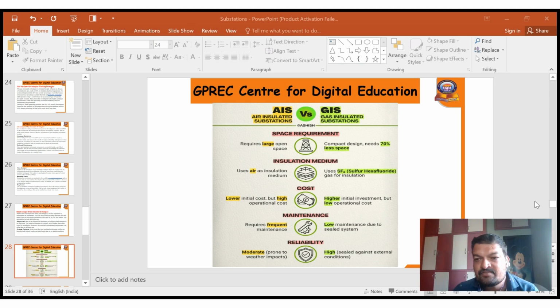Whereas gas insulated substations are not affected by any external conditions. Because of this, the reliability of gas insulated substation is very high as compared to the air insulated substations. So these are the comparisons of air insulated substations and gas insulated substations.